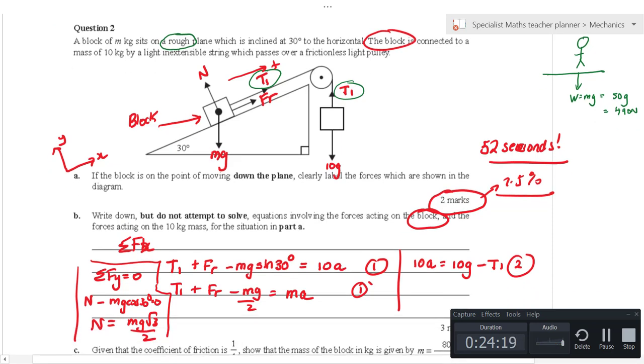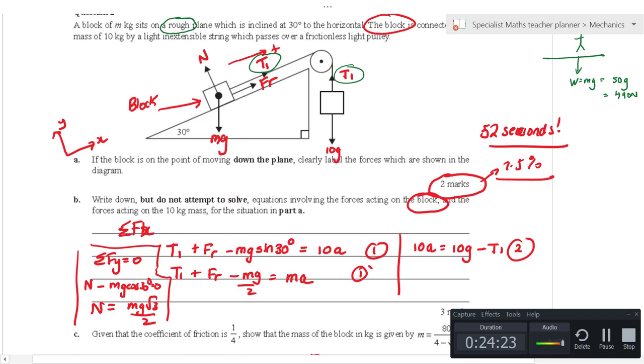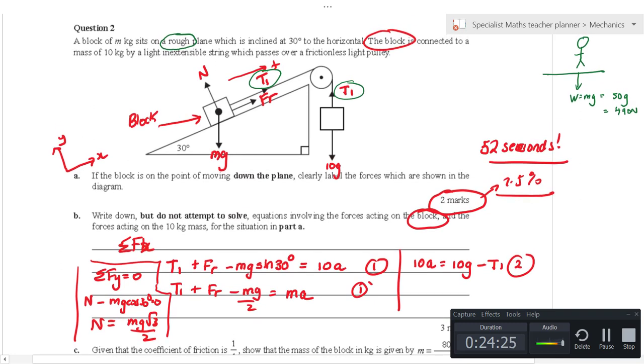So it says here, if the block is moving down the plane, clearly label all the forces. Now look at that, that's 2 marks, for writing mg, which is directly down. That's what the block is. I've just drawn a little coordinate system here, where going up the plane is x, and going down the plane would be negative x.